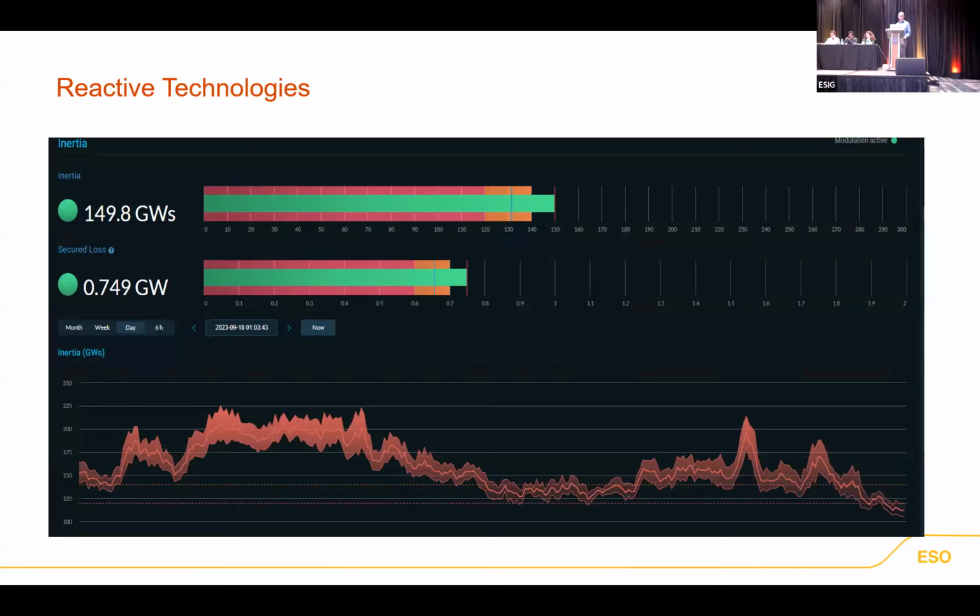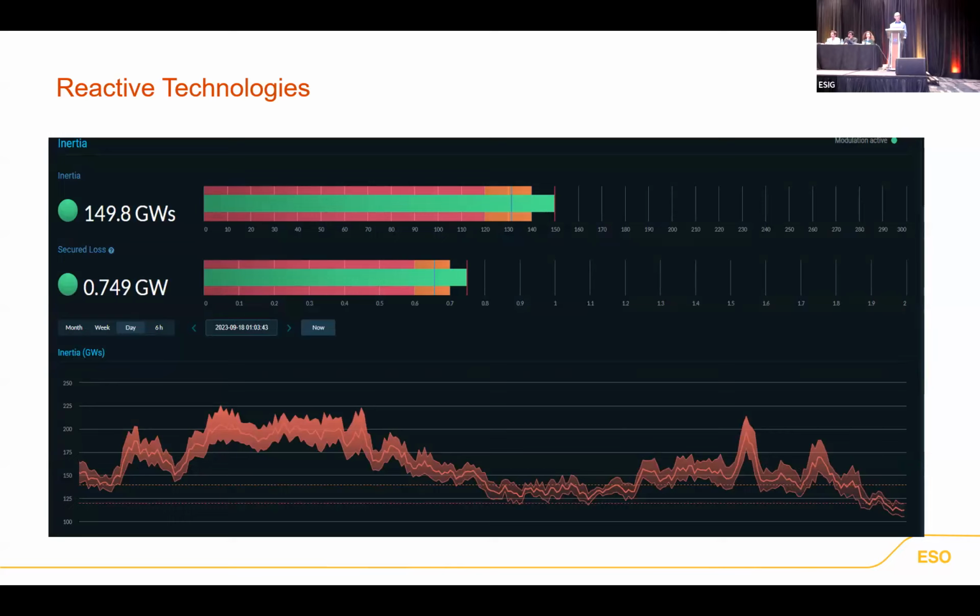The Reactive Technologies one is a little different in terms of what it shows you. It's a real-time measurement. Again, there's a confidence factor around the number because this is such a unique measurement with so many variables coming in. But because this is a real-time measurement, there's a lot of focus on this because there aren't assumptions in this. This is a 10 MVA squirt into the system and then measuring the outcome.